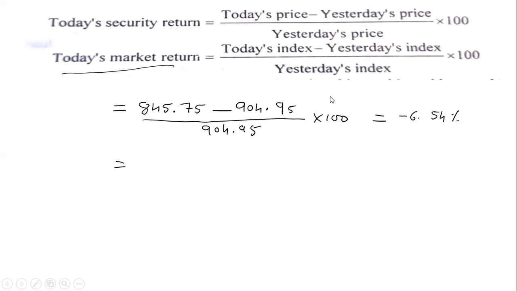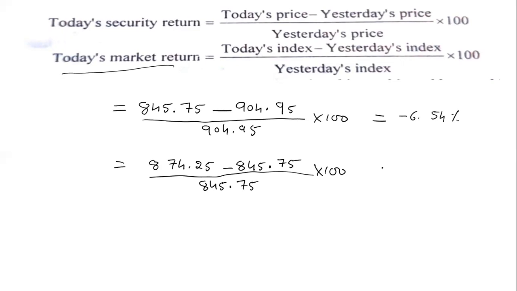We are calculating it for market, so next it will be 874.25 minus 845.75, divided by yesterday's price, 845.75, into 100. We will get the value 3.37. Here we get a positive value, because yesterday's price is lesser than today's price.